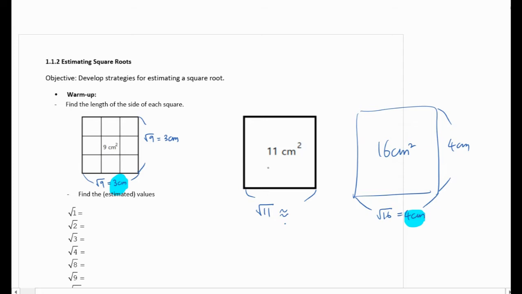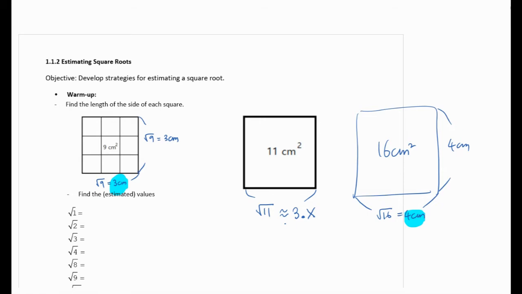Okay, everyone. Then is 11 closer to 9 or closer to 16? It is closer to 9. So the square root of 11 is 3 point something, but it's closer to 3.